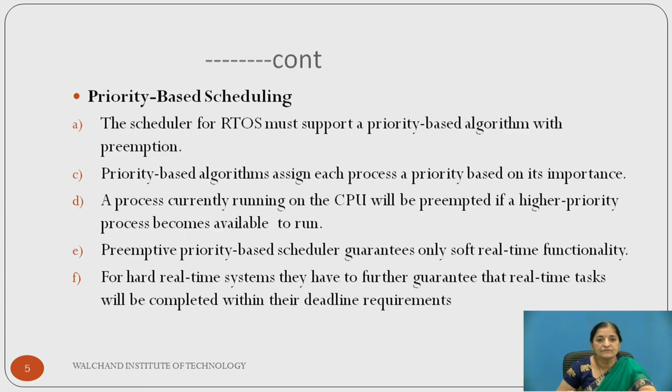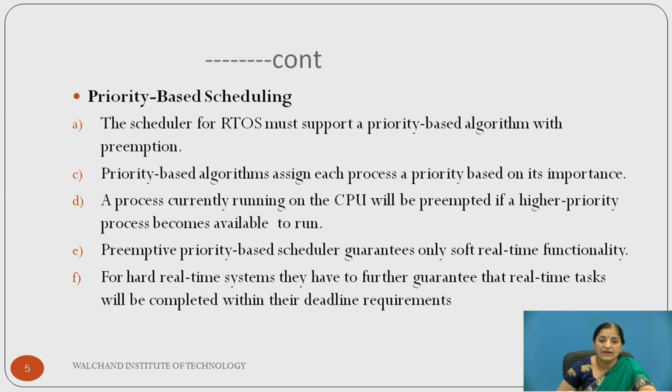Now let's consider the first feature, that is priority based scheduling. The scheduler for RTOS must support a priority based algorithm with preemption. Priority based algorithms assign each process a priority based on its importance. A process currently running on the CPU will be preempted if a higher priority process becomes available to run.